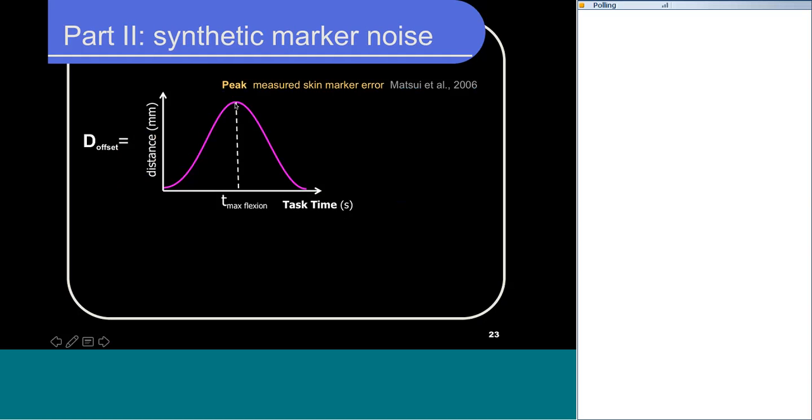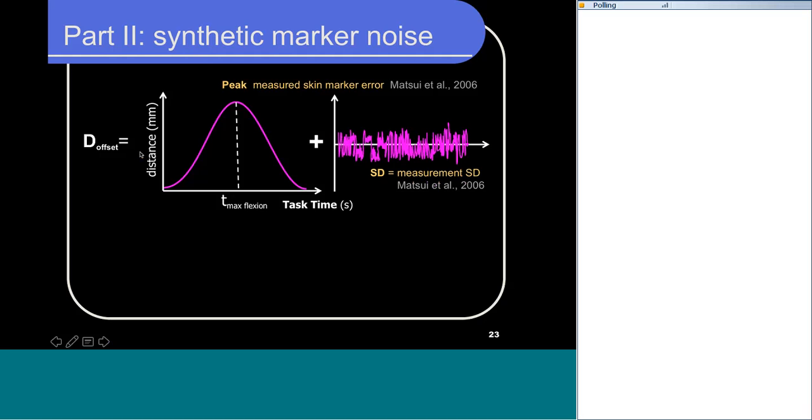And the maximum we obtained from the paper from Matsui et al. They, for example, measured a peak offset of 40 millimeters. And they also measured the variability in their measurements. So we included the variability as basically an additional random noise component. So we have a systematic noise component and a random noise component. That gives us the magnitude of the offset that we want to add to the marker.